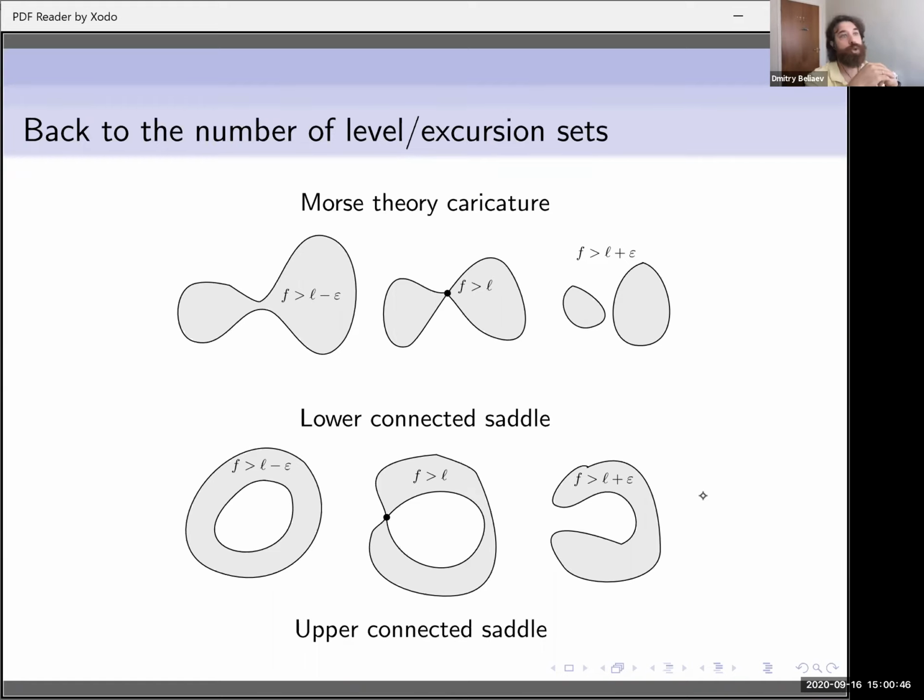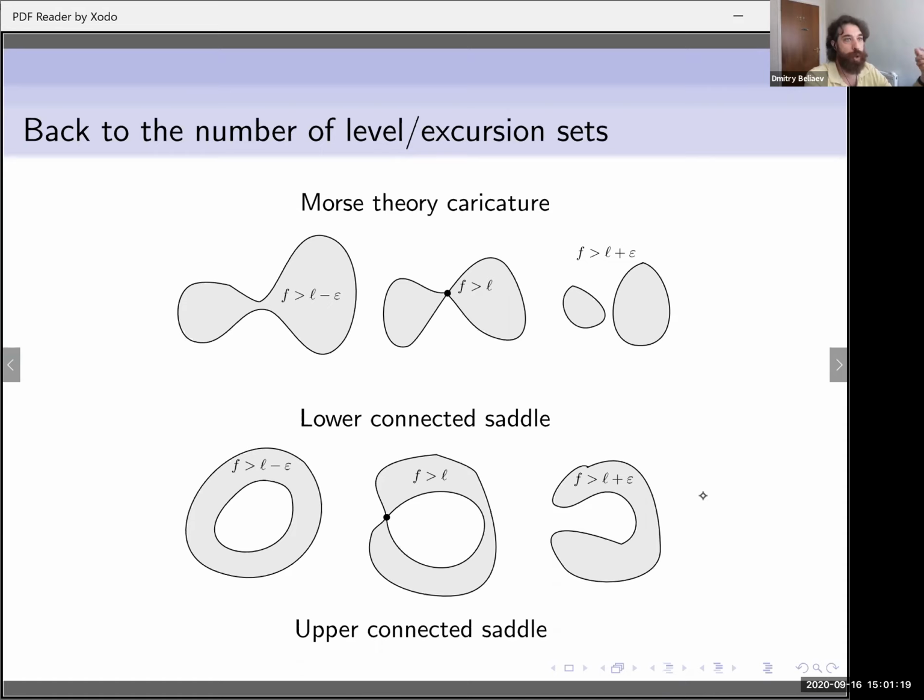Now, what happens when you cross a saddle? There are two possible scenarios. One we call a lower connected saddle, and the other is called an upper connected saddle. So this is one scenario. You have one domain, and as you approach the critical level, this place becomes more and more narrow, and then you get this critical point, and now it's disconnected.